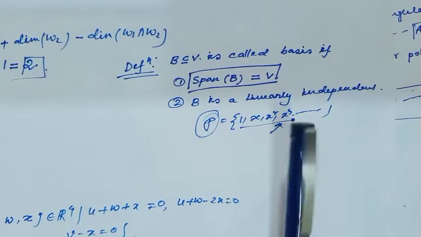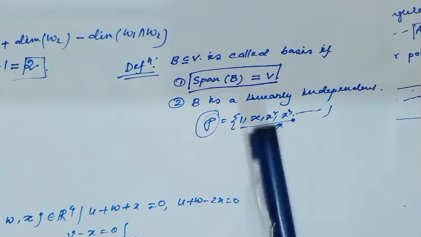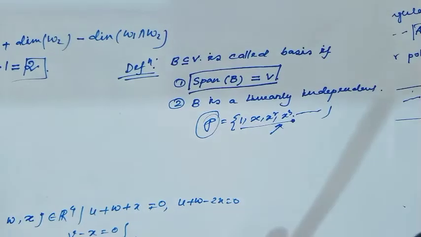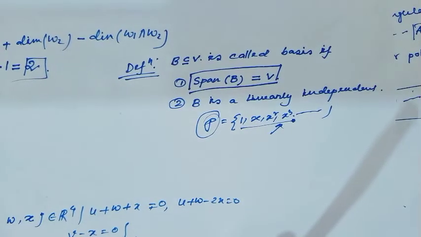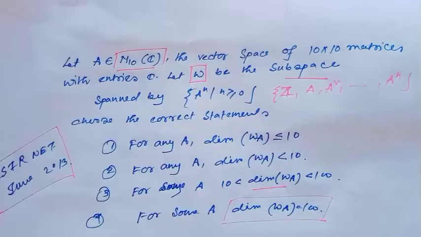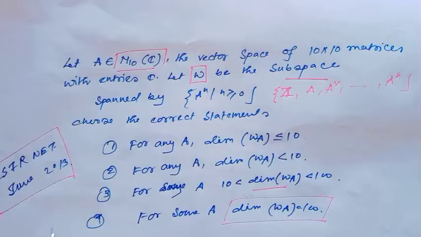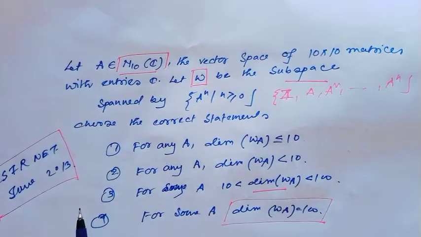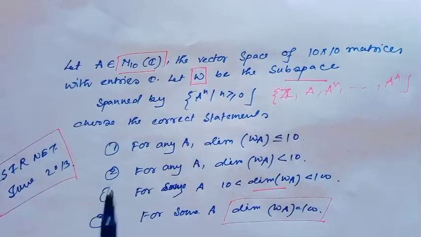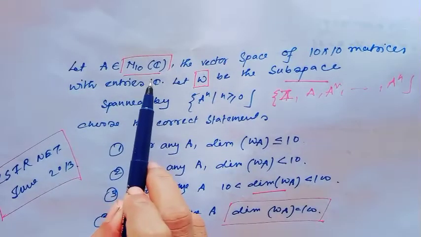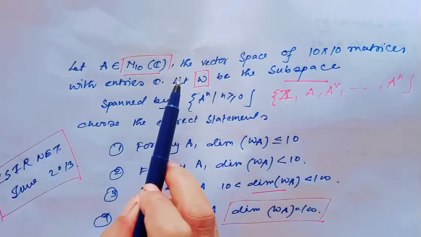Now I will discuss some questions based on this concept which had come in different types of competitive exams. First question, which had come in the CSIR NET June 2013 exam. The question is, consider A to be a 10 cross 10 matrix.